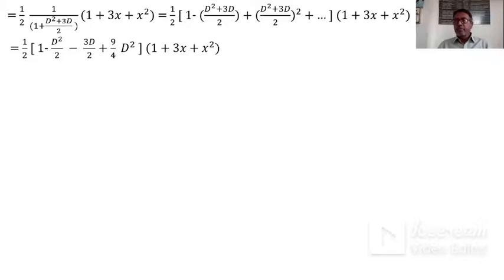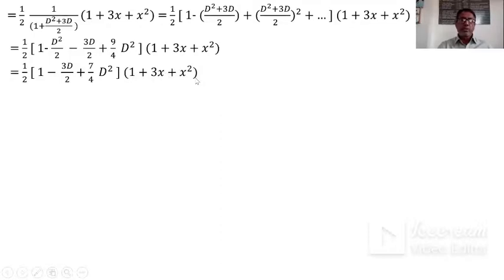We avoid this and the last term is 9d square upon 4. Only we consider the last term of this bracket. Right? Now we simplify this. We get this. Simplify first this bracket, 1 minus 3d upon 2. Combining these two, we get 7 upon 4 d square.